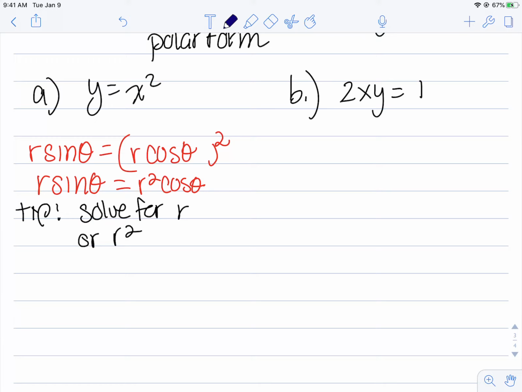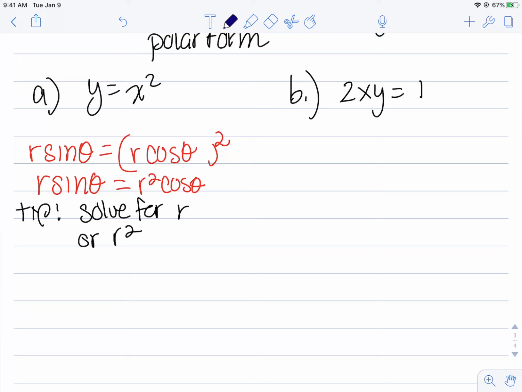So what can I do? Well, I can simplify what I have. Normally we would move everything to one side and set equal to 0 and then factor and simplify. But in this case, I can eliminate an r, and if I do that, I get rid of the possibility of r being 0.